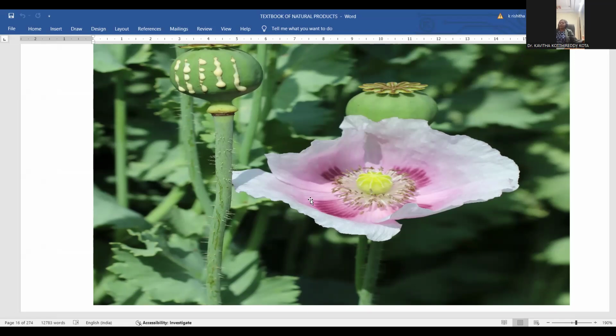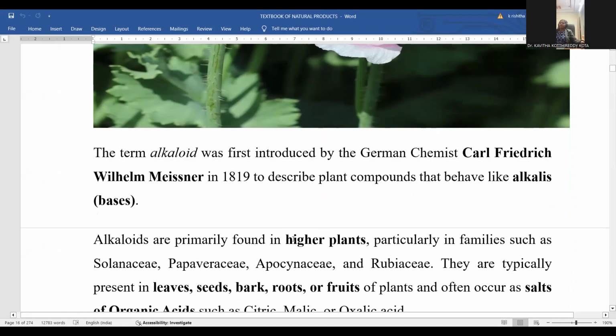A particular extent of unconsciousness is induced due to this morphine, and it is even able to relieve pain instantly, so it is an analgesic agent as well. From these opium poppy alkaloids we are able to extract morphine.